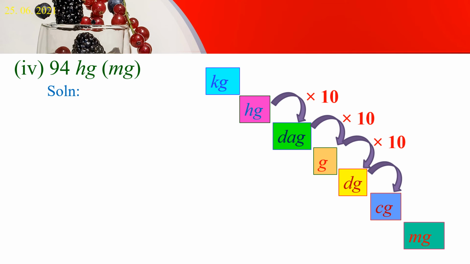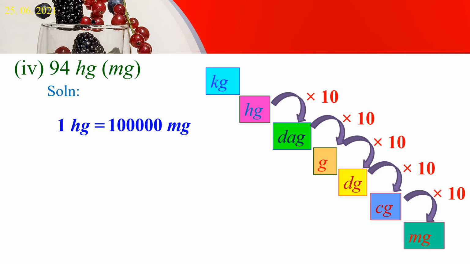On the fourth step, we are in centigram, so again we have to multiply by another 10. On the fifth step, we have reached milligram. Again we have to multiply by another 10. So 1 Hg, which is 1 hectogram, is equal to 1 lakh milligram.